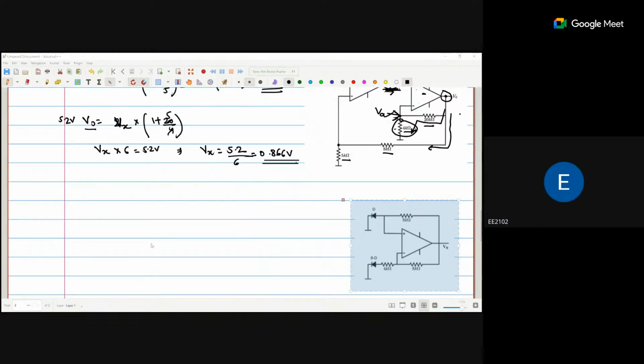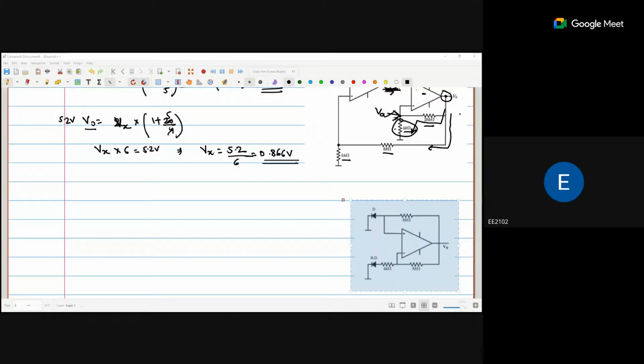Okay, the question is: the output voltage of the circuit shown below, where the forward bias voltage drop is given.